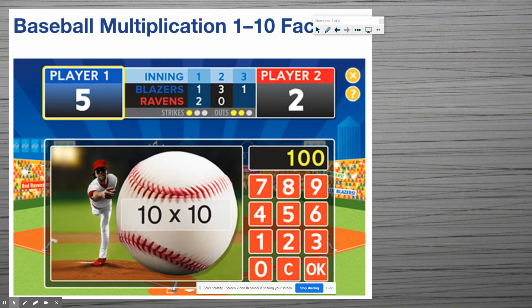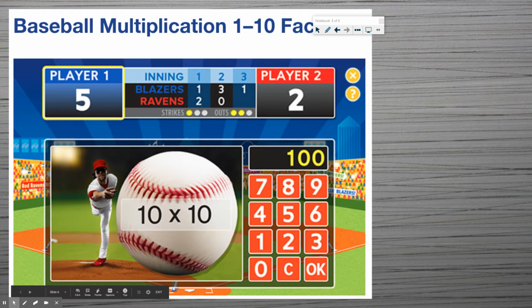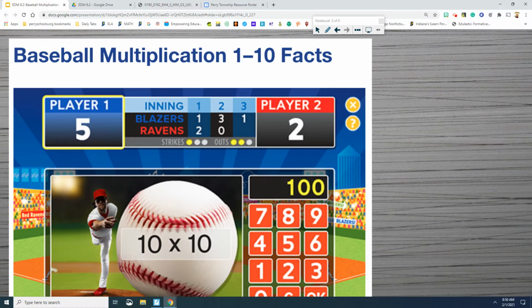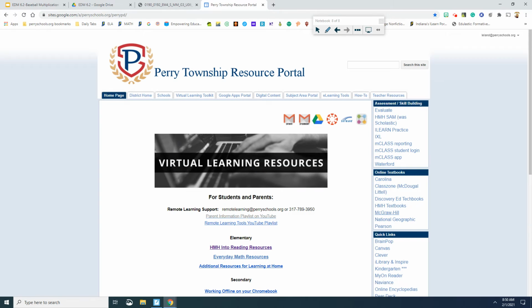All right, so we're going to be playing this game online. And what we're going to need to do is to go to the McGraw-Hill website, and we're going to go through a few rounds so that you can see what's happening.